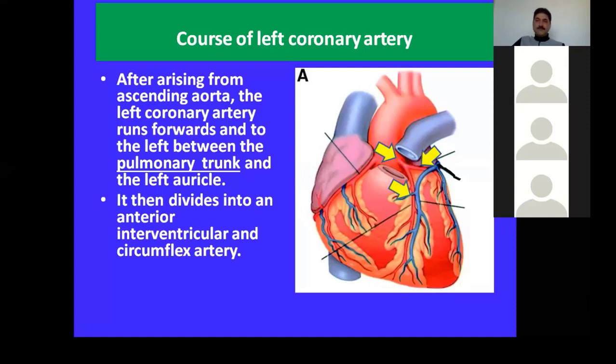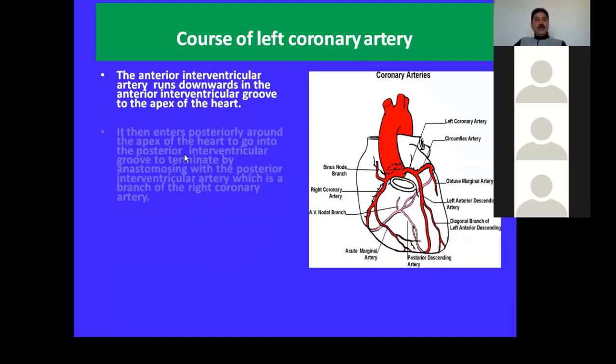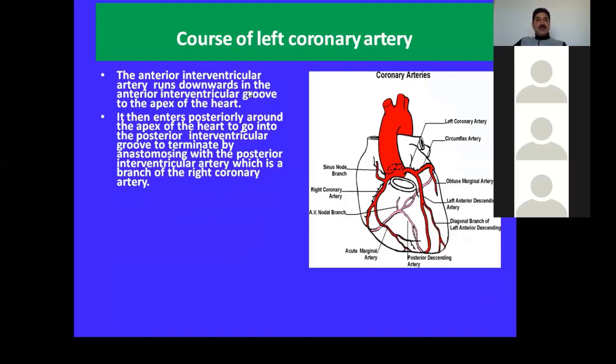The anterior interventricular artery runs downwards in the anterior interventricular groove to the apex of the heart, then winds around the inferior border or margin of the heart to enter the posterior interventricular sulcus, where it anastomoses with the posterior interventricular artery. So there is anastomosis between the left anterior descending coronary artery and the dominant coronary artery.